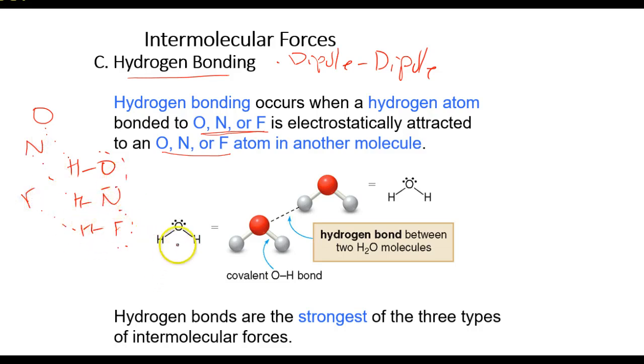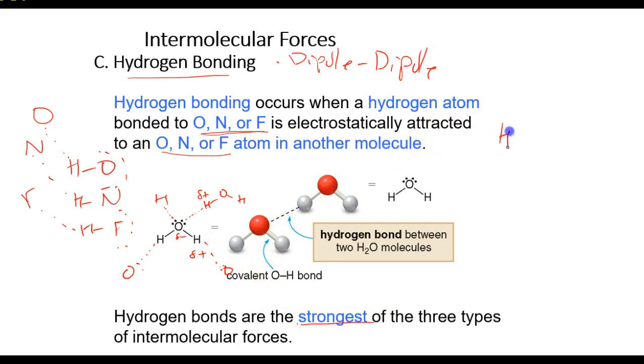So water, for example: because oxygen has a partial negative, hydrogen has a partial positive, this partial negative is attracted towards a hydrogen on another molecule because it has a partial positive. You can see that one water molecule can have several different hydrogen bonds. This one water molecule can make 4 hydrogen bonds, and they are the strongest of all 3, and by far the most important.